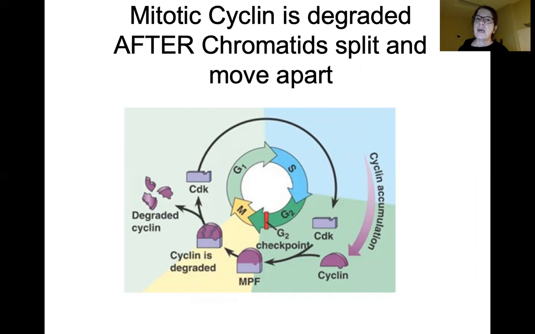So now it's time to get rid of the mitotic cyclins. The mitotic cyclins are degraded after the chromatids are split, and they won't be turned on until the next cell cycle. So this way, the cell makes sure that once the chromosomes split, we're not going to try to split them again and again and again. We don't enter the next mitosis until we're ready to enter it.